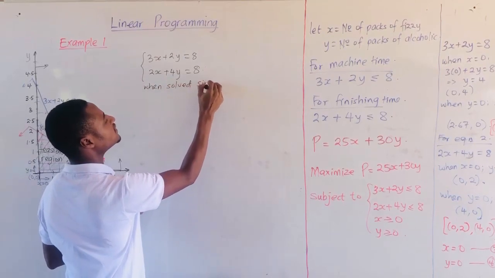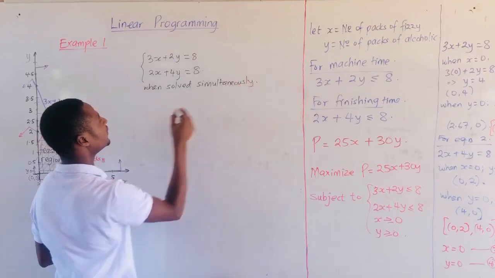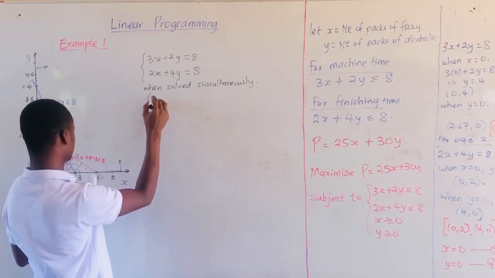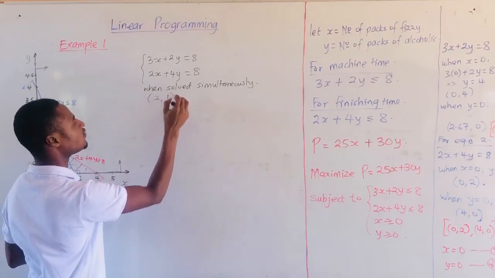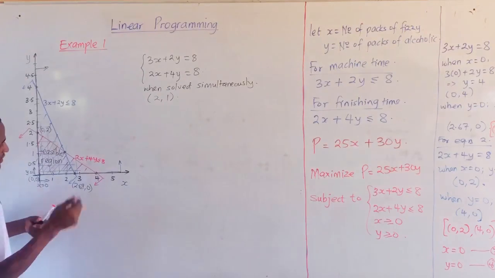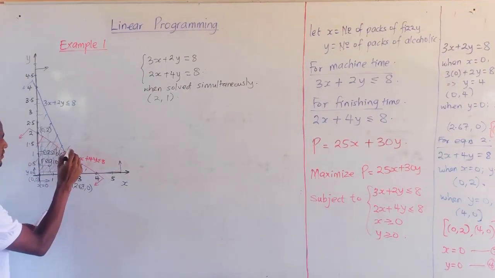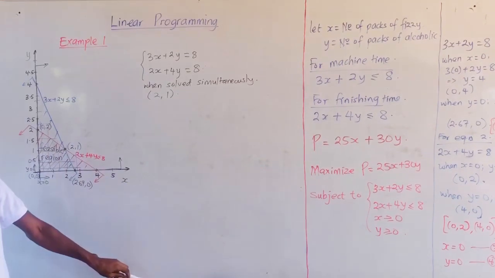When solved simultaneously, we will have x equal to 2 and y equal to 1. You can solve these two equations simultaneously. So our point here is (2, 1). The simultaneous equation gives us a more accurate figure.